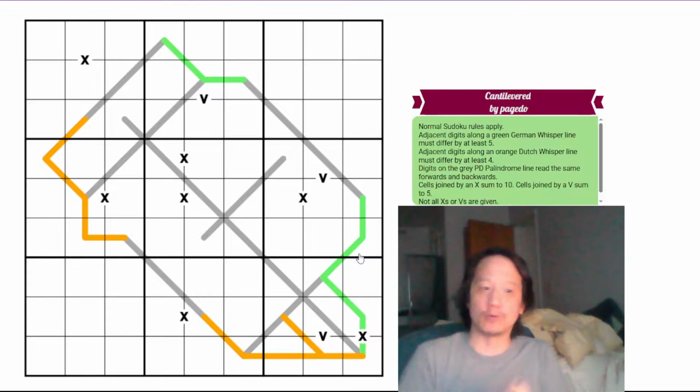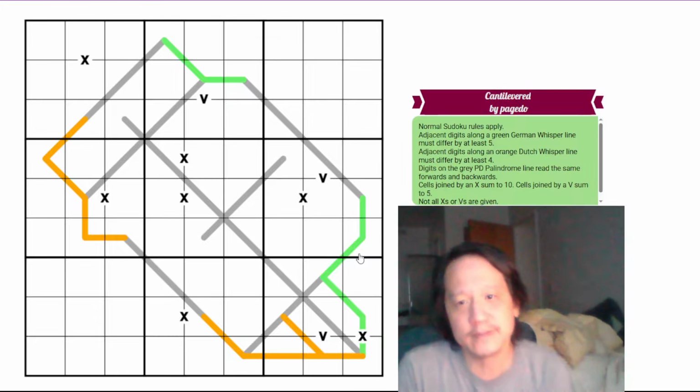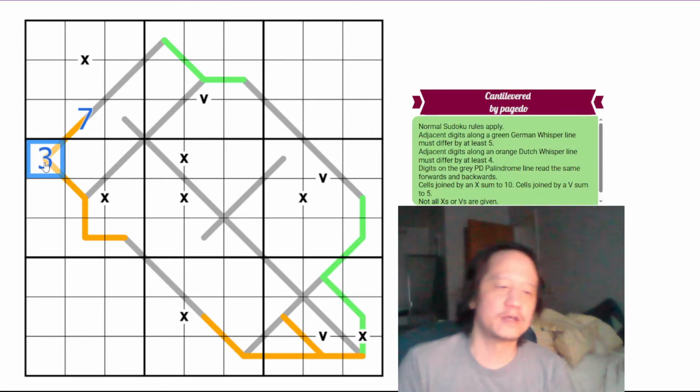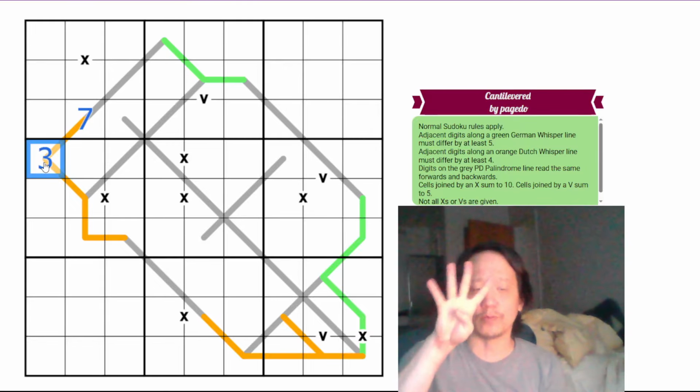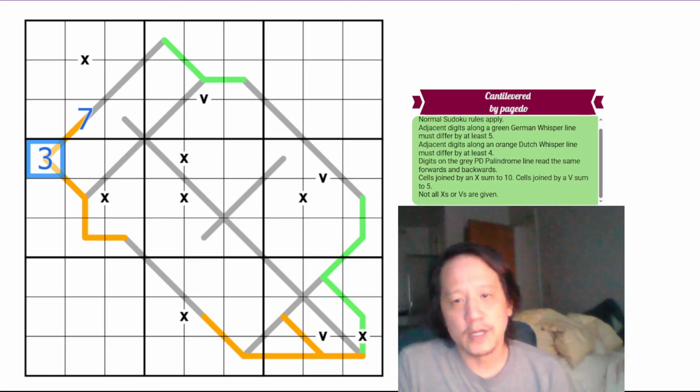So you could have whisper 1 lines, whisper 2 lines, whisper 3, 4, 5, 6, 7, and 8 lines. For example, if this were a 7, this would have to be a 1, 2, or 3, because the only digits which are 4 or more away from 7 are 1, 2, and 3. That's an example of how whisper 4 lines, or Dutch whisper lines, work.